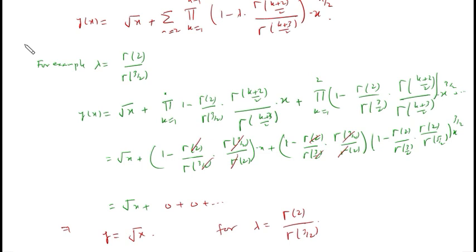Here we see that for some special values of lambda, for example lambda equal to gamma of 2 over gamma 3 by 2, if we plug this value into this solution, we have a special kind of solution.